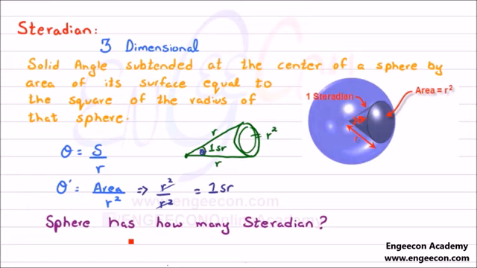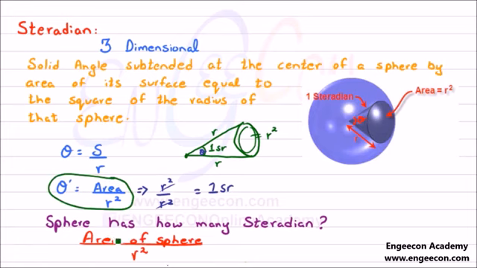Now the question: how many steradians does a sphere have? We modify this formula, as in this case the area of the whole sphere divided by r square. We know that the area of the sphere is equal to 4 pi r square, divided by r square. This r square cancels out and we are left with 4 pi steradian. The sphere has 4 pi steradian.